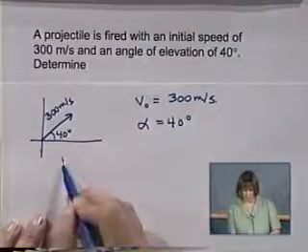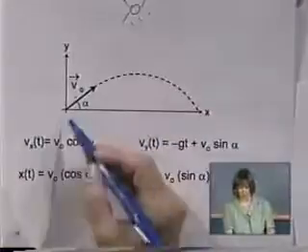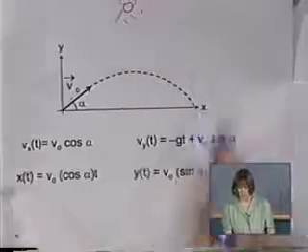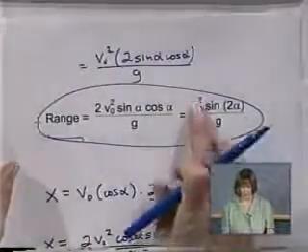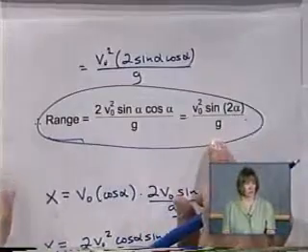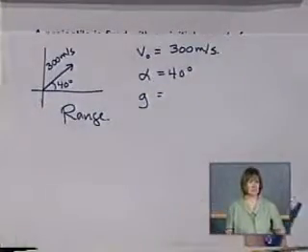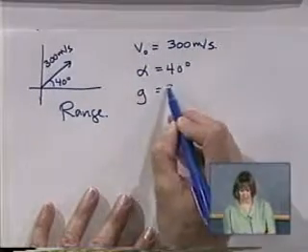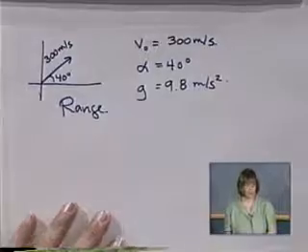You want to find the range? You want to find this distance from where it goes up until it hits? That's the range. You just derived that, Mrs. Strocko. It's right here. It's v naught squared sine of 2 alpha over g. What is my g? If you're in metric, it's 9.8, and the unit is meters per second squared, even though you don't have to put that in.